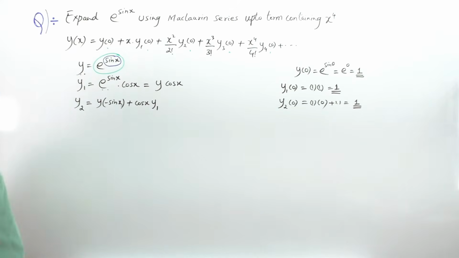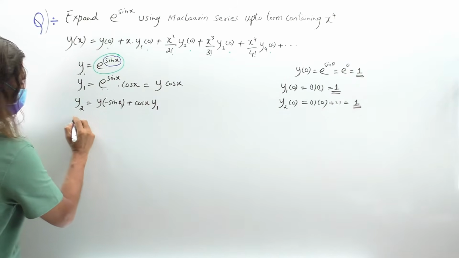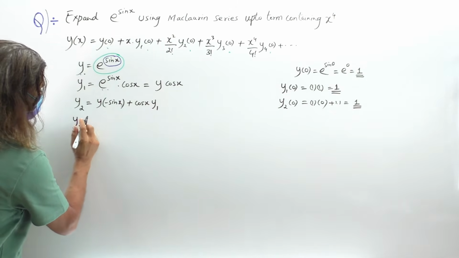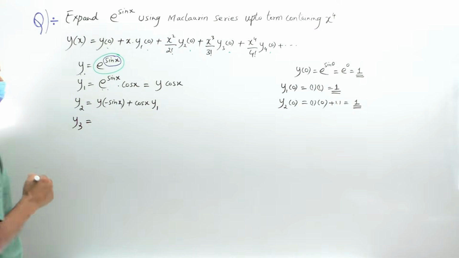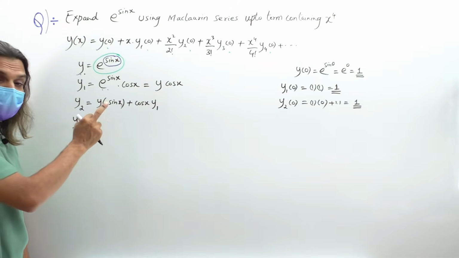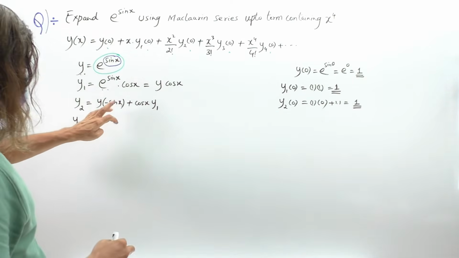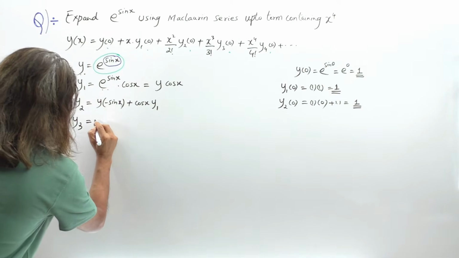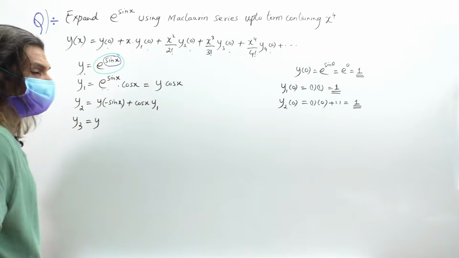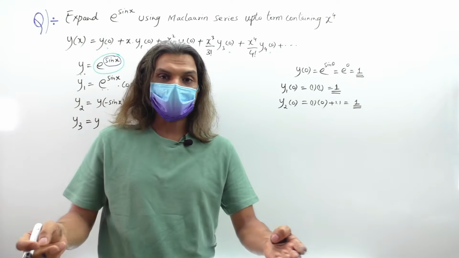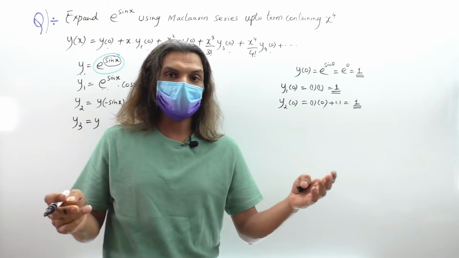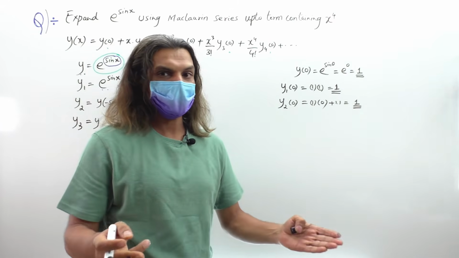Fine. Next, let's differentiate this y2. So again this will be y3 is equal to, differentiation of y2 is y3. Again this will be a product rule. So how do you solve this? See, y as it is, wherever there is a minus sign, always use a bracket, it will be very easy to solve and you will not get confused.